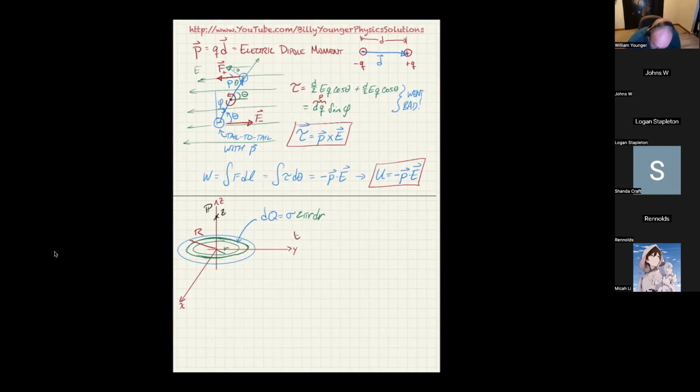So E is equal to the integral of dE, which is equal to sigma times 2 pi r dr over 4 pi epsilon naught. And the most important part is how far away this dq is from the point. It's clearly a distance square root of r squared plus z squared, to the 3/2 power.